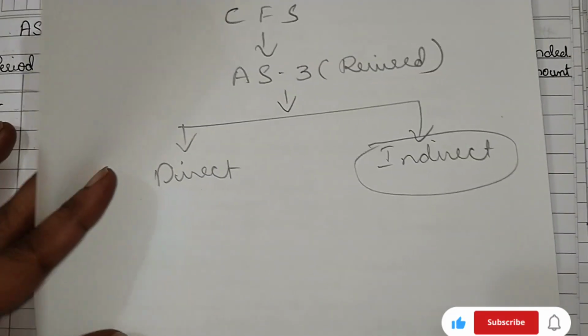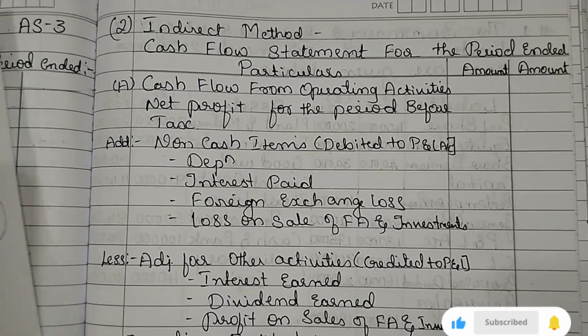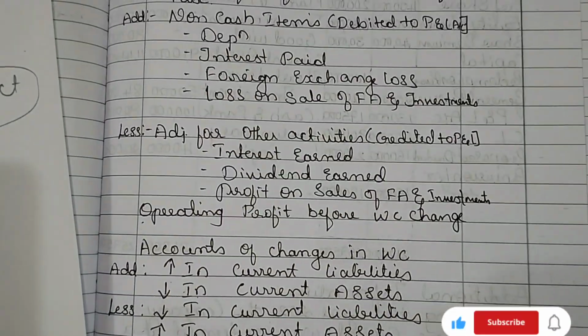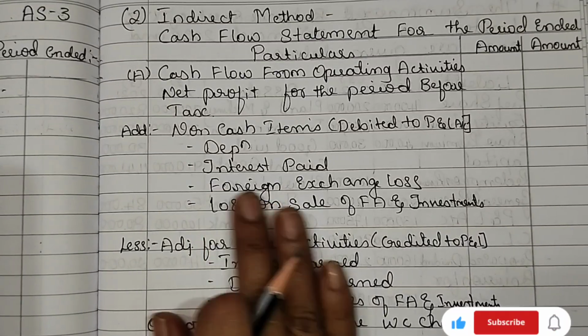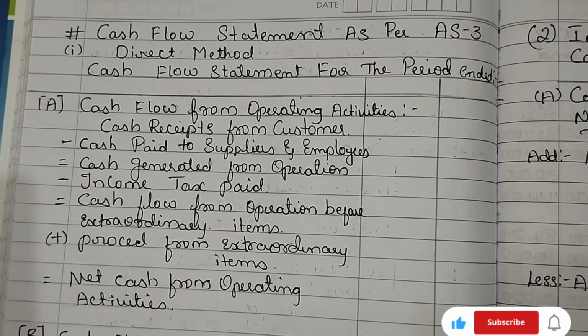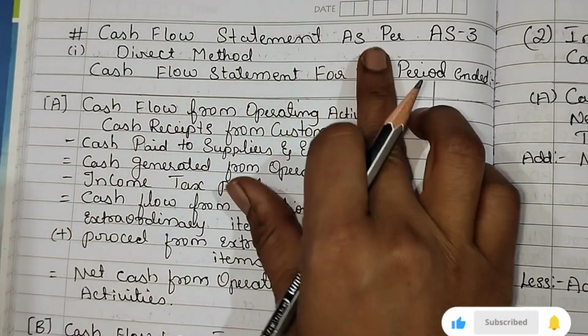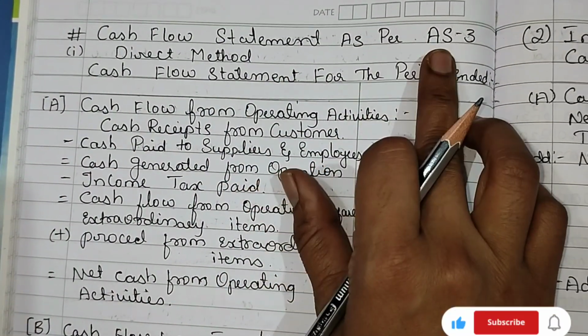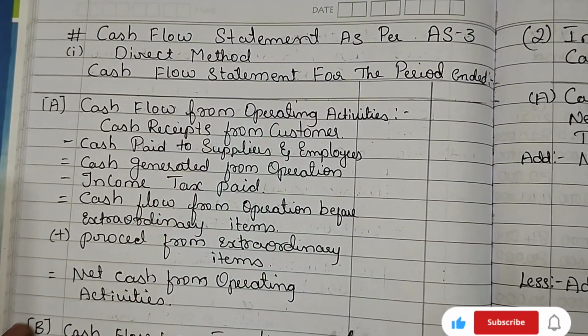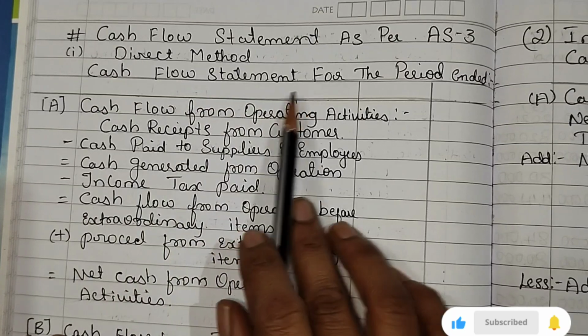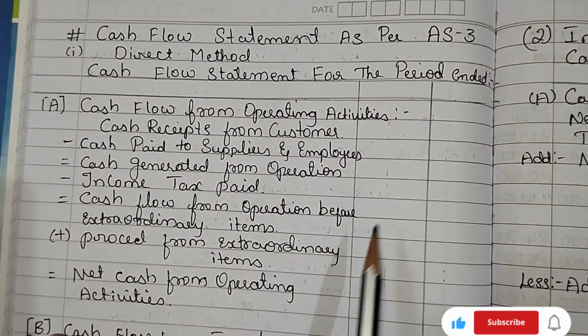So the beauty of this cash flow statement is, here you can see the format of the cash flow statement. Cash flow statement as per Accounting Standard 3. So this is under direct method. Cash flow statement for the period ended.